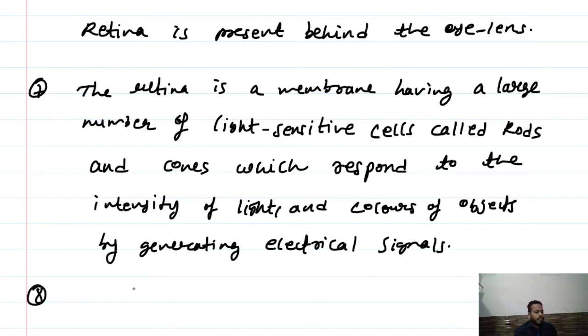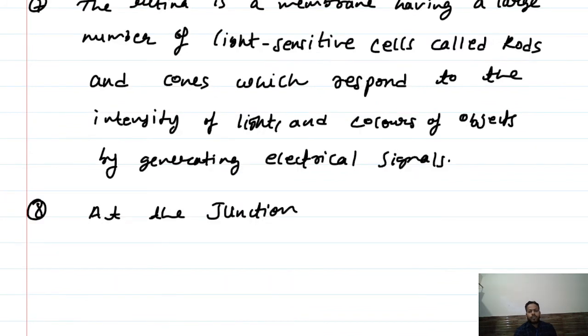Next point, blind spot. There is a point called blind spot. It is present at the junction of optic nerve and retina in the eye. This video is getting a little long, but no need to worry because we have to cover all the points.